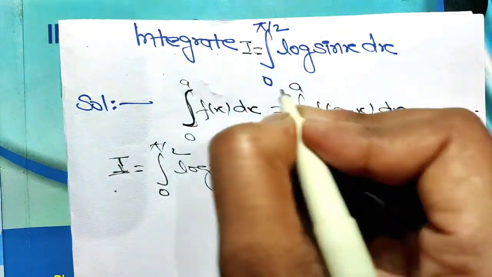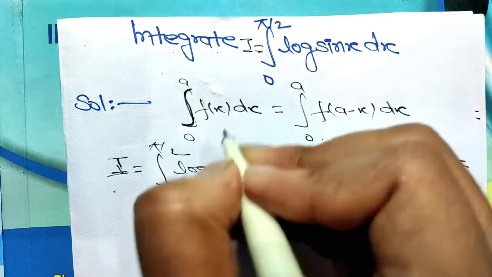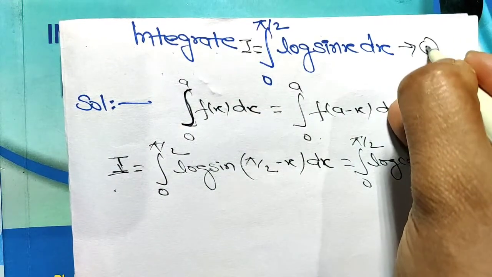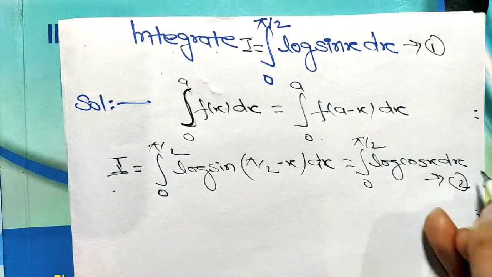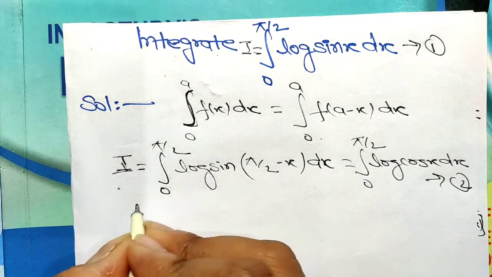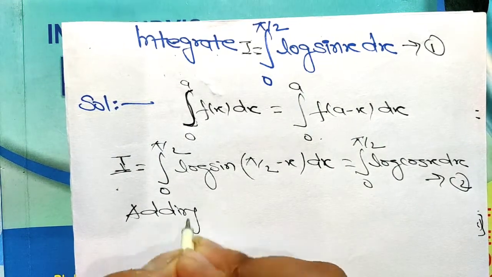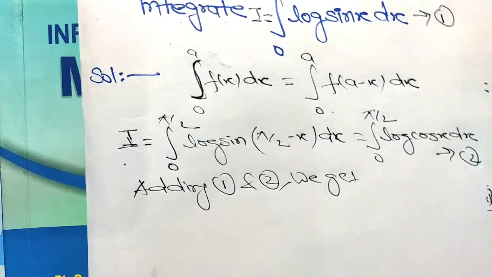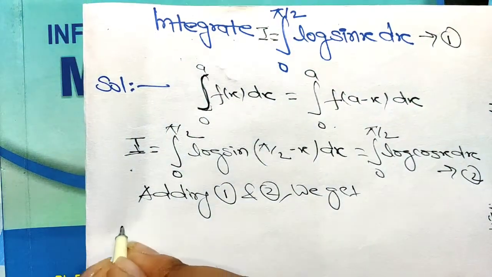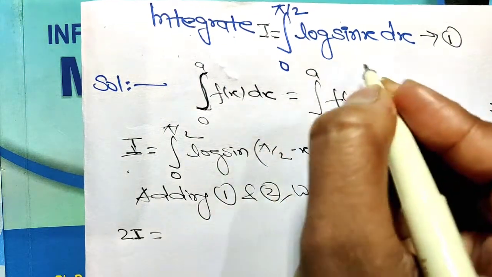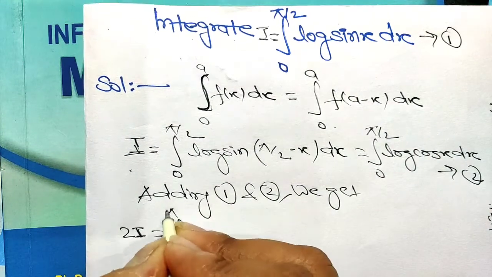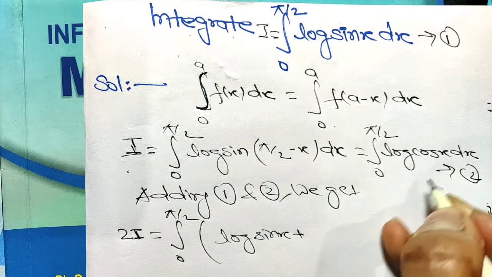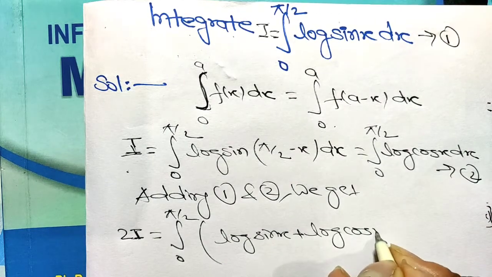Initially we assumed this integral to be capital I. After applying the property we get this. Consider this equation 1 and this equation 2. By adding equations 1 and 2, we get I plus I, that is 2I, on the left-hand side, and on the right-hand side the integral from 0 to pi by 2 of log sin x plus log cos x.